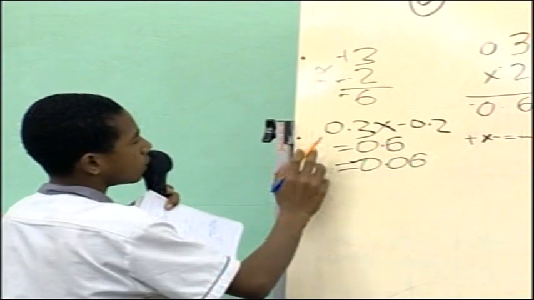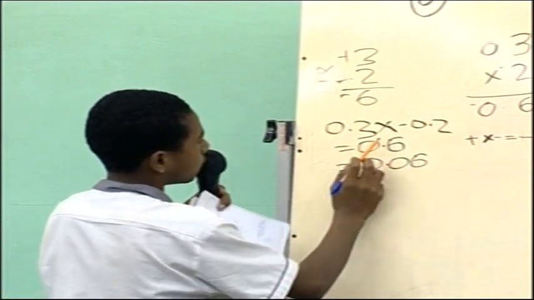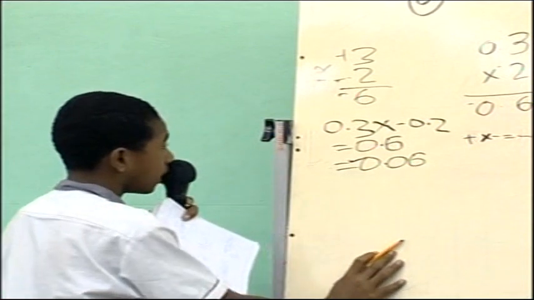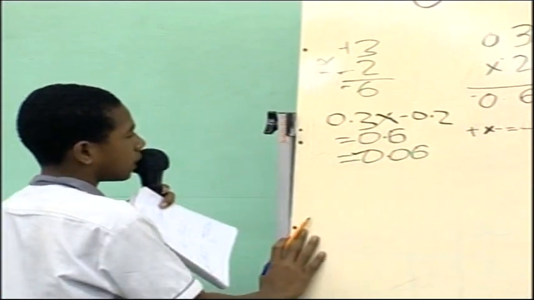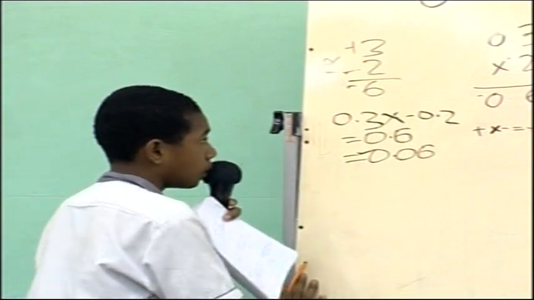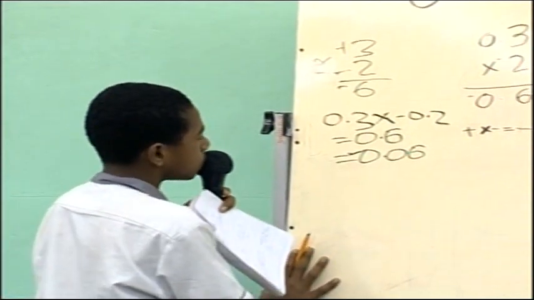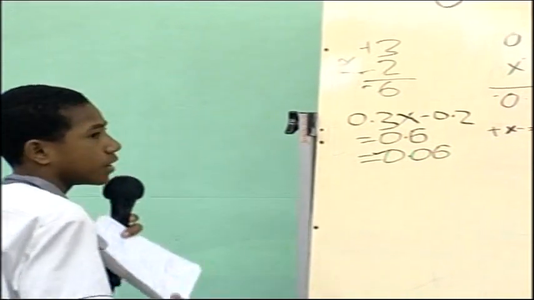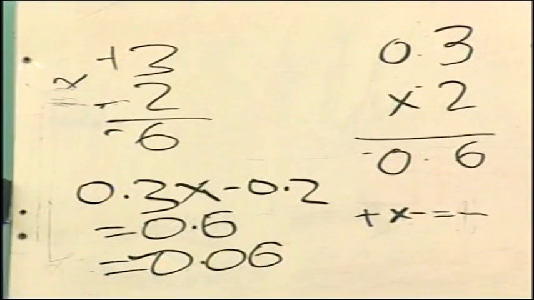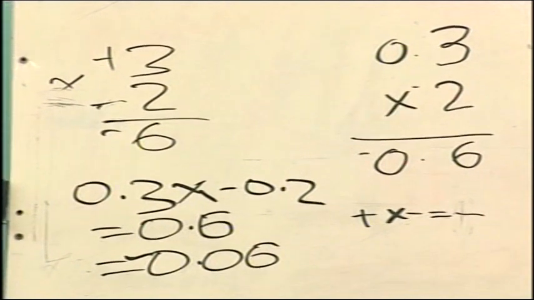So 0.3 times negative 0.2 gives you 0.6, and then you move 2 more spaces, and you'll get negative 0.06. Okay, thank you. 7Es, do you think this explanation is clear?